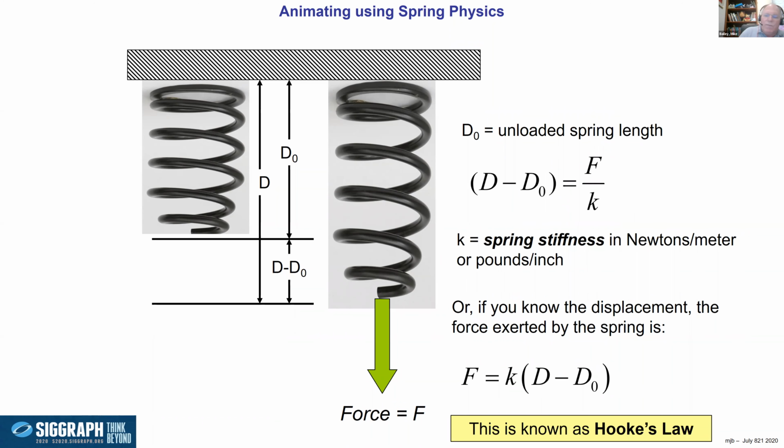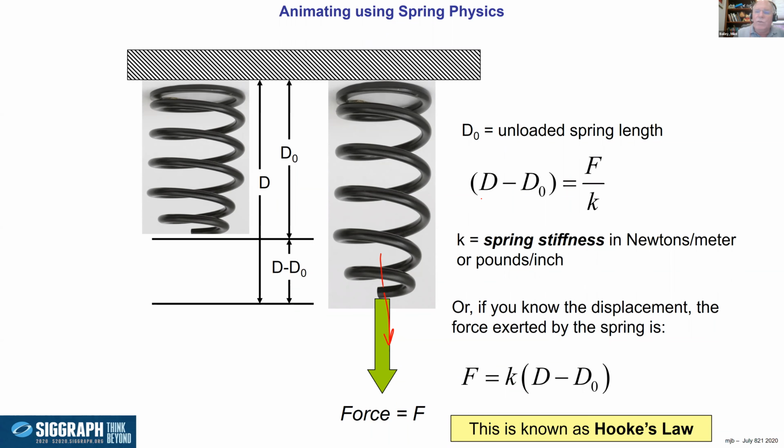Springs can do an amazing amount of things in animation. Even if you don't really have springs, they provide certain behaviors that we like. For instance, let's say I pull down on the spring a certain distance.